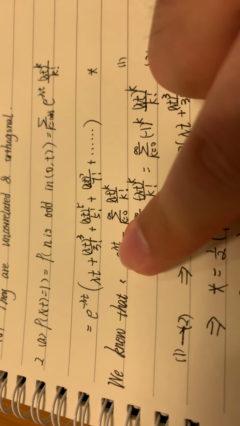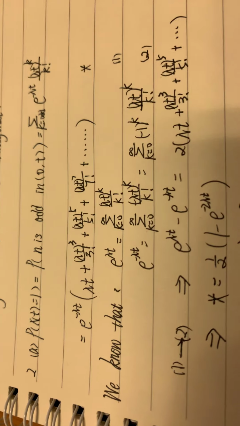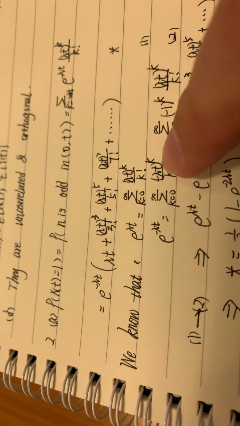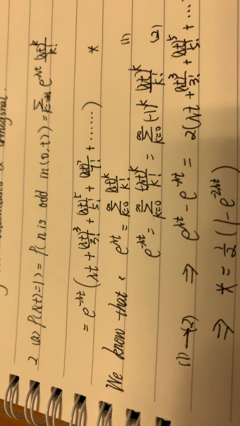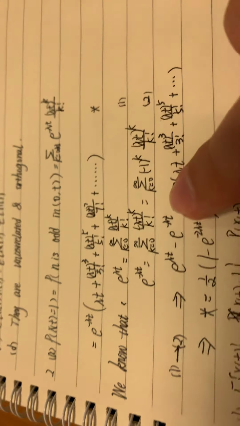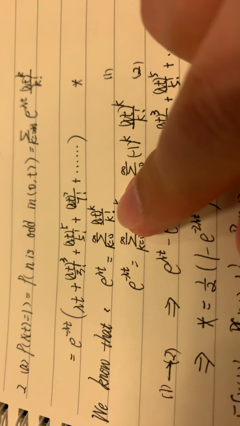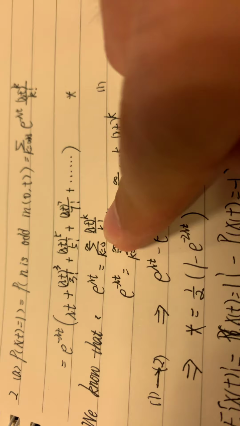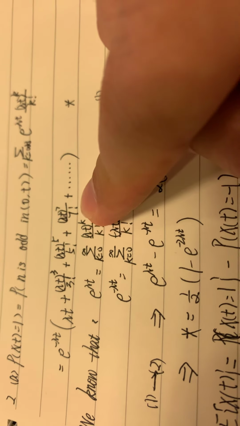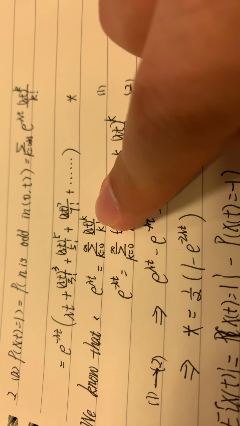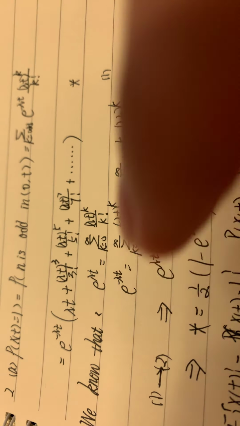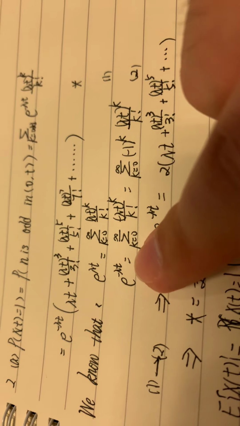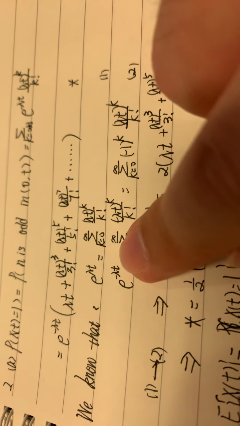Since lambda t is close to 0, we do the Taylor expansion around lambda t equals 0. That's the sum over k from 0 to infinity of lambda t to the power of k over k factorial.